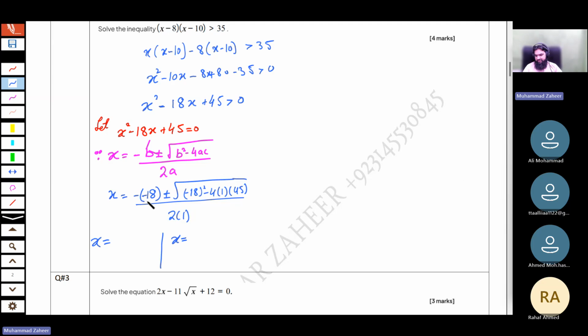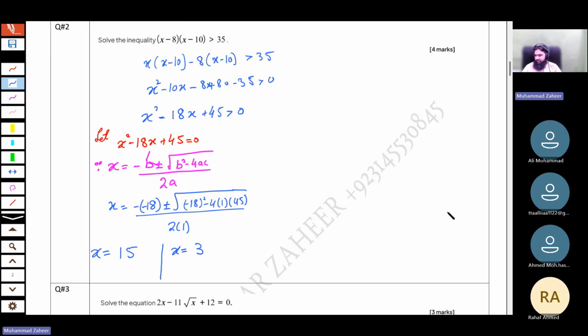It is minus b, minus is plus, so plus 18 plus square root of 18 square minus 4 times 45, divided by 2. 15 the first one. 15 for the positive value. And 3 for the negative value.